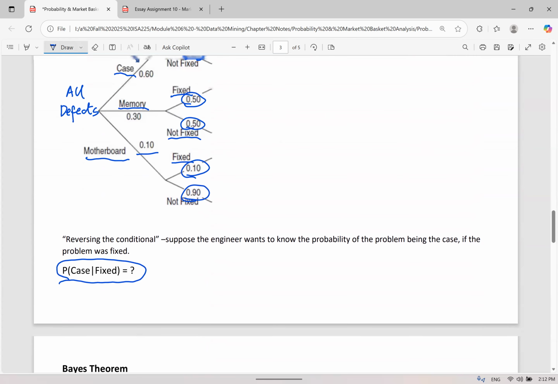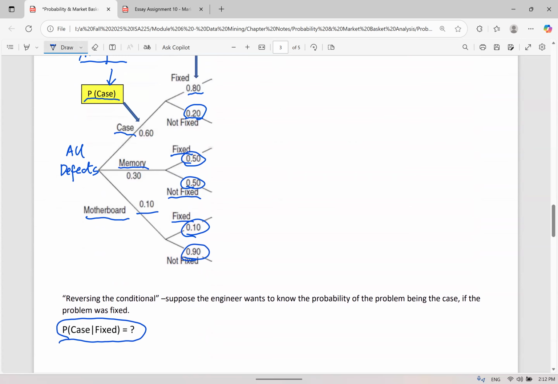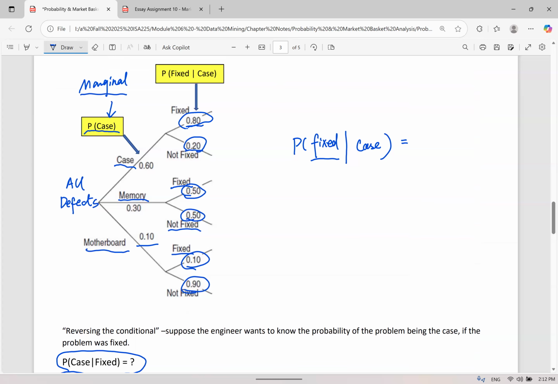We already know the probability that, given it is a case alignment problem or defect, this case alignment problem gets fixed. We have already known that, and it is easy to get based on our previous experience, which is 0.80.